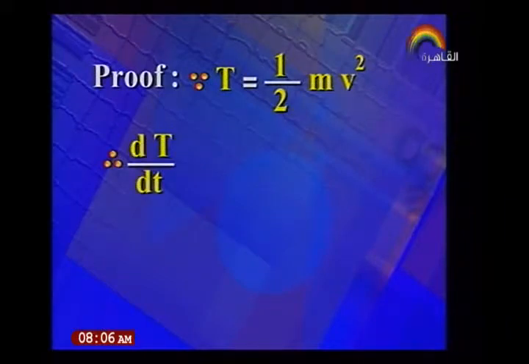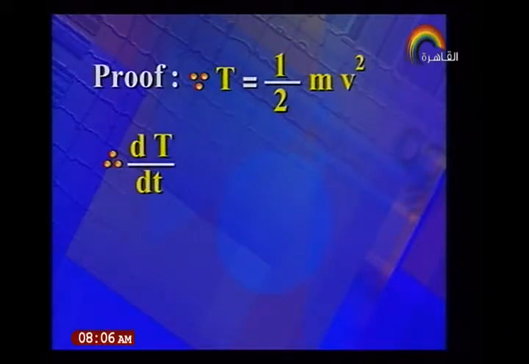The proof. Since, dear student, kinetic energy equals half mv squared, where m is mass and v is velocity. Kinetic energy is represented by capital T, half mv squared.